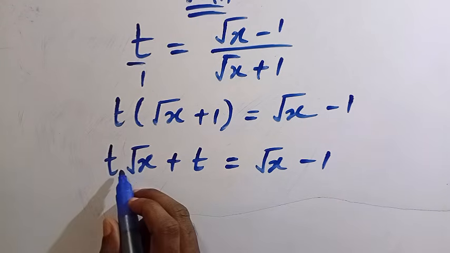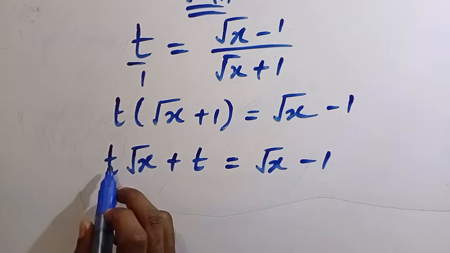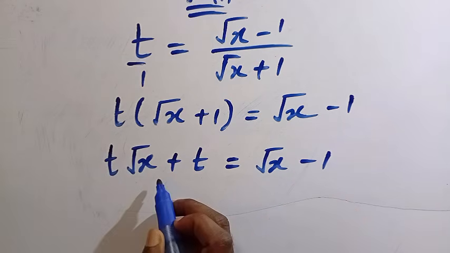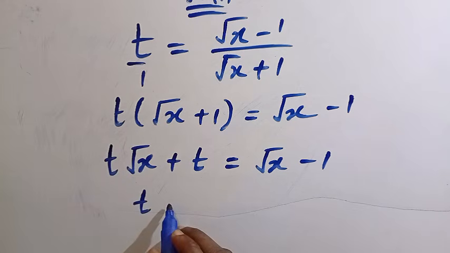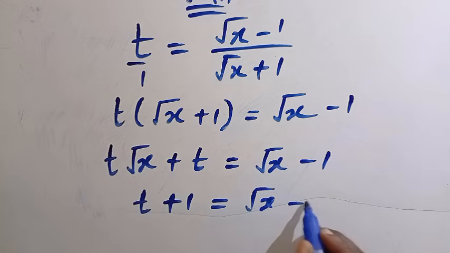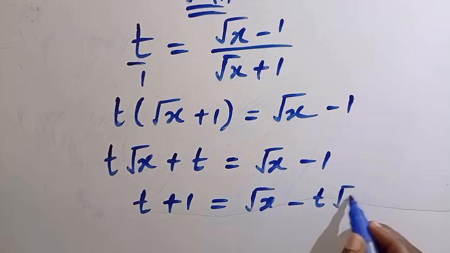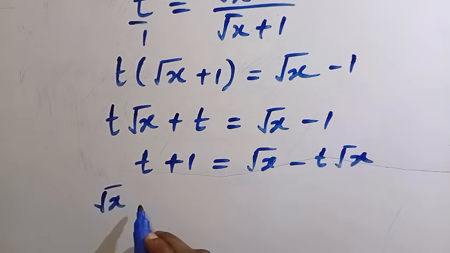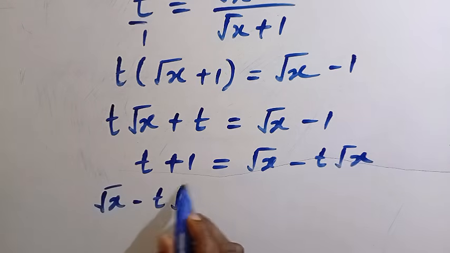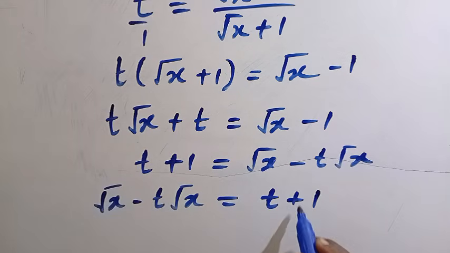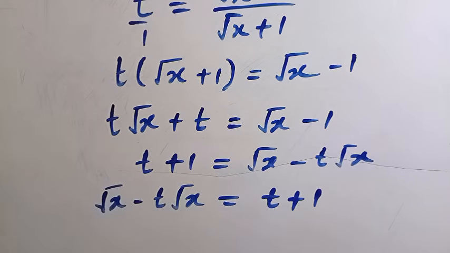We need to make x the subject. I take this t root x to the other side, and take this negative 1 to this side. Here we have t plus 1 equals root x minus t root x, which I can rewrite as root x minus t root x equals t plus 1, or 1 plus t.